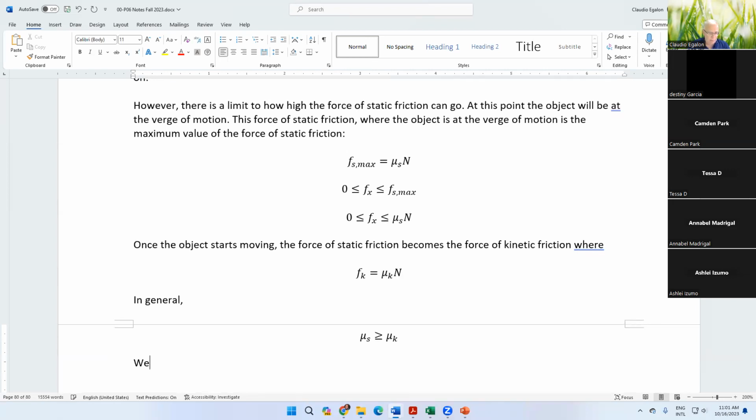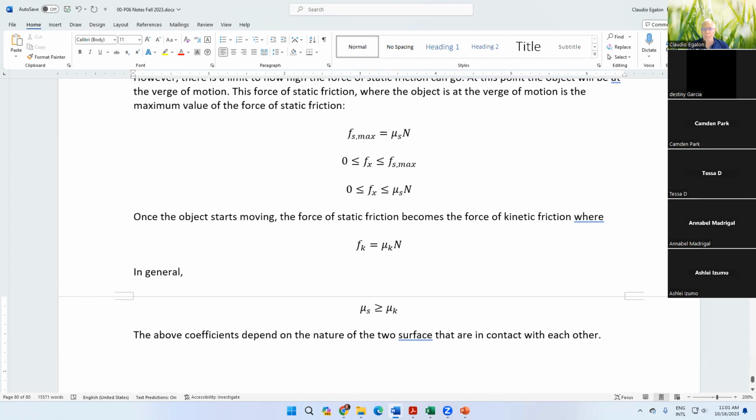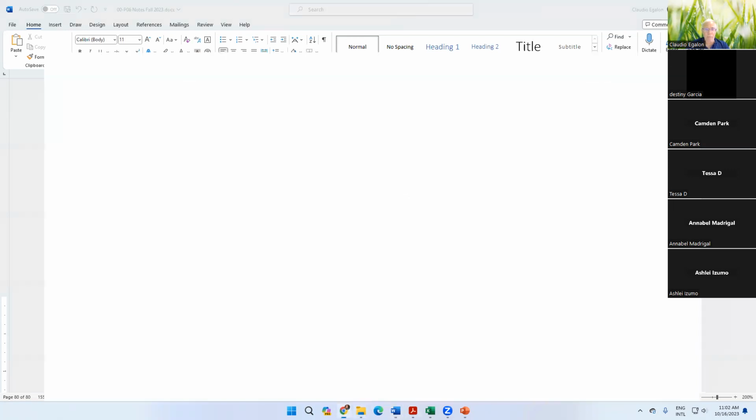The values of the above coefficients depend on the nature of the two surfaces that are in contact with each other.